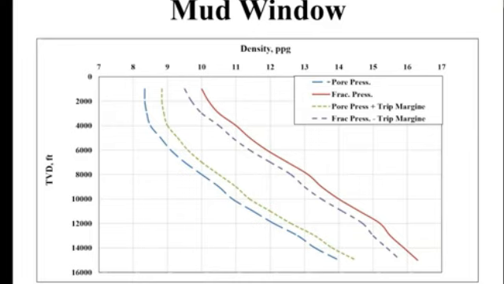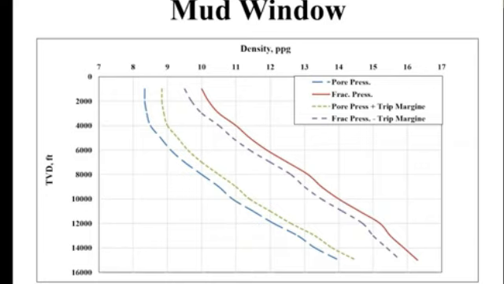And the amount of trip margin varies from one company to another. Let's say 0.1 pounds per gallon is a reasonable number to add to pore pressure and subtract from fracture propagation pressure.